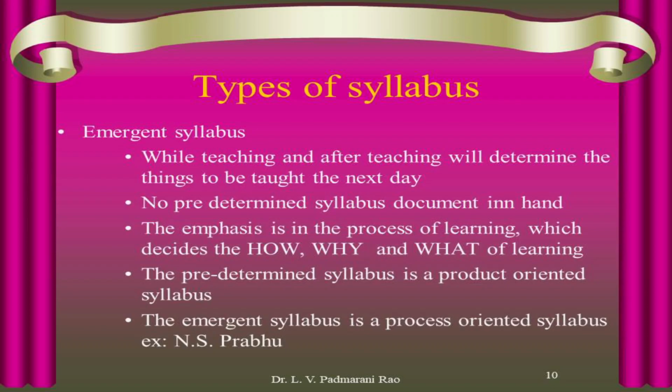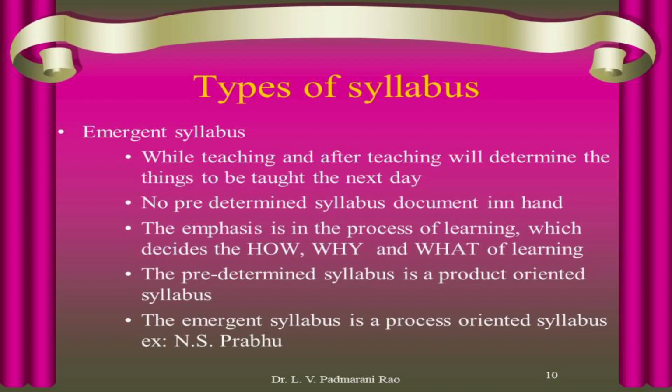Whereas the emergent syllabus is concerned with issues that involve decisions made while teaching in the classroom by the teacher and the students. The while teaching and after teaching are very important, based upon which the teacher decides the next day's learning material and the topic to be taught.